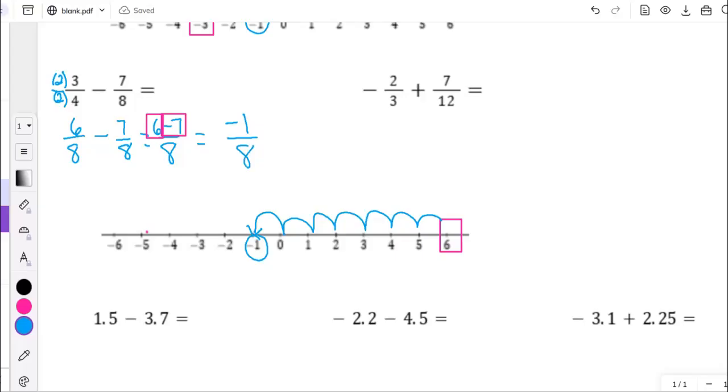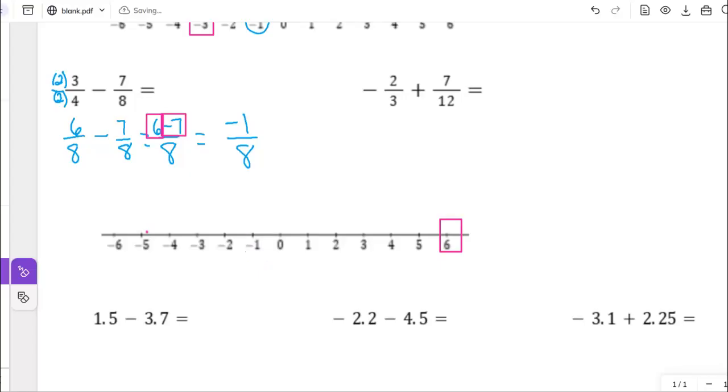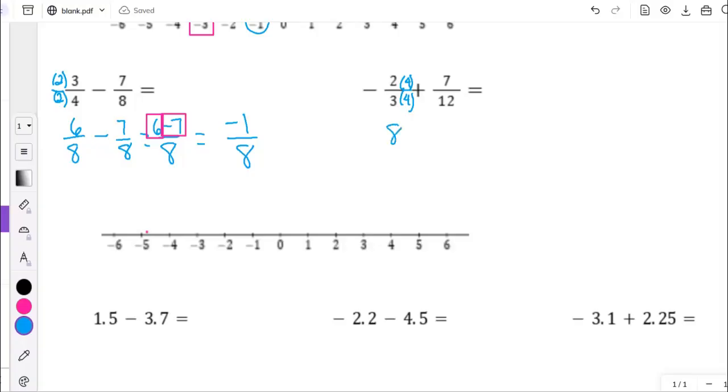All right, next example. I need to make negative 2/3 and 7/12 have common denominators. Well, 3 can get to 12 if I multiply both top and bottom by a 4. So 4/4. 2 times 4 gives me 8, and 3 times 4 gives me 12.